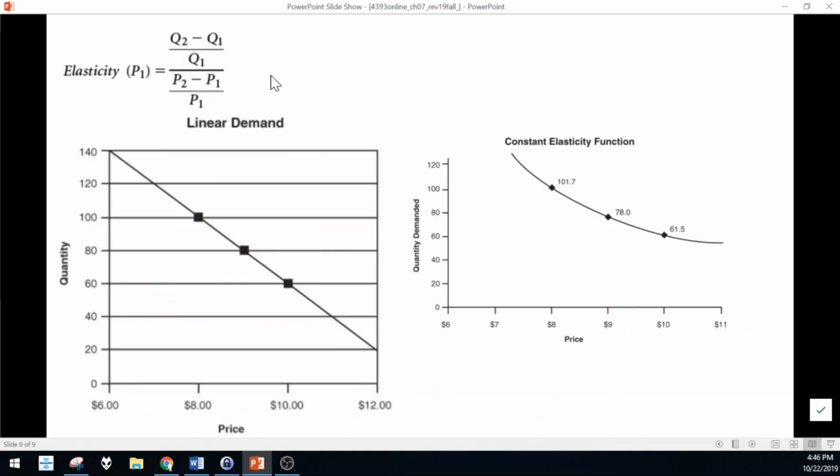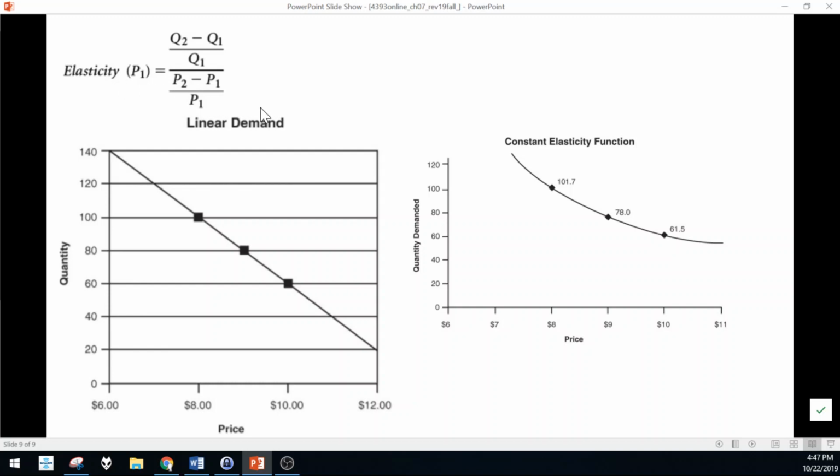Okay, so we've been talking about linear demand. There's also what we call constant elasticity. Elasticity is this whole idea that change in price will impact change in quantity to some degree, and just know that the change in quantity varies per change in price for different industries, for different consumers, all kinds of things.